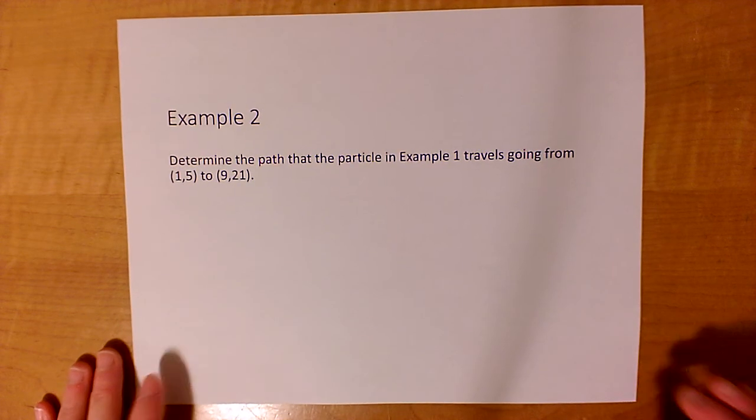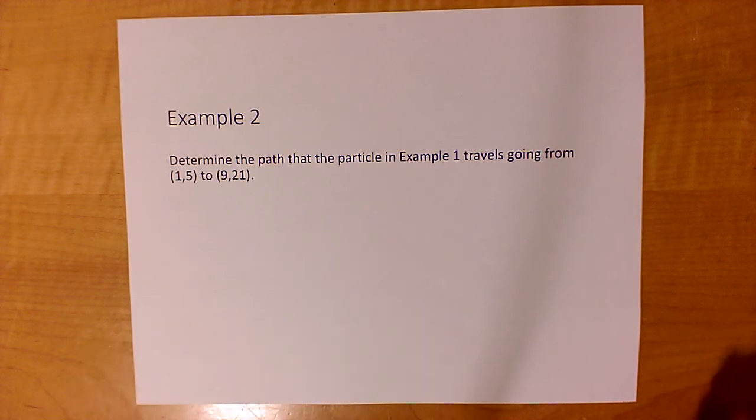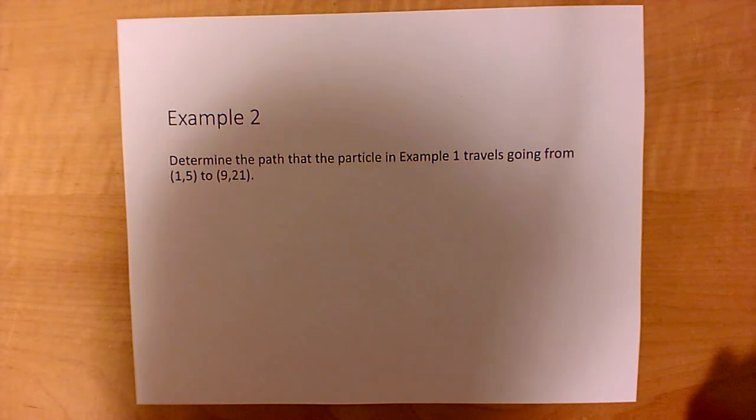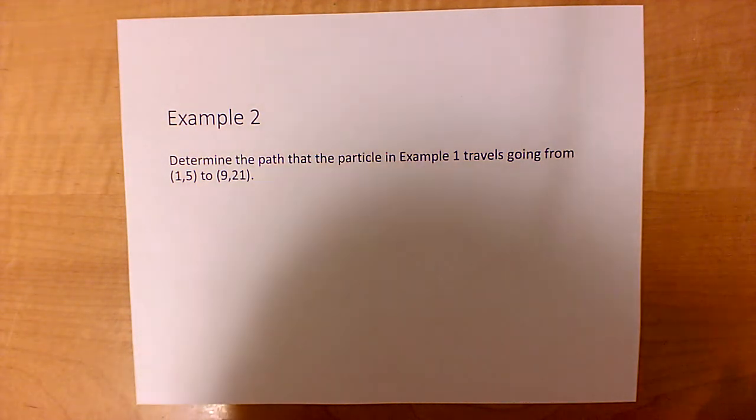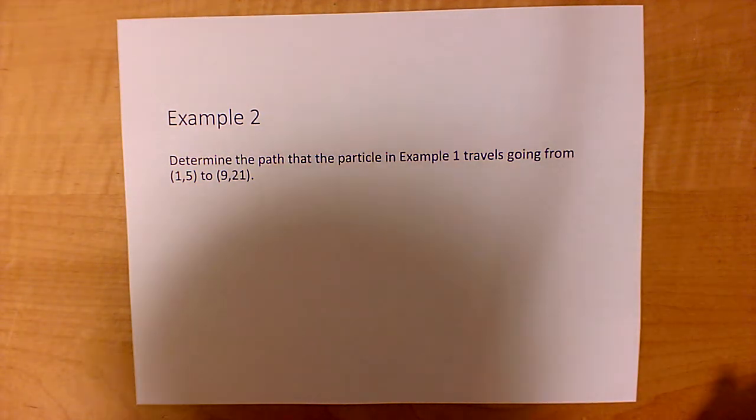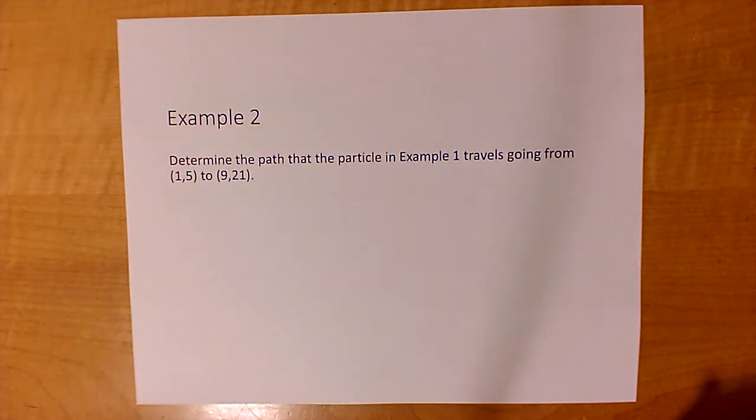So the next thing we can talk about, example 2, we want to determine the path that the particle in example 1 travels going from 1,5 to 9,21. So this is definitely a graphing calculator problem, and if you were to have something like this on the AP exam, it would probably be multiple choice. It would probably be in the calculator section.